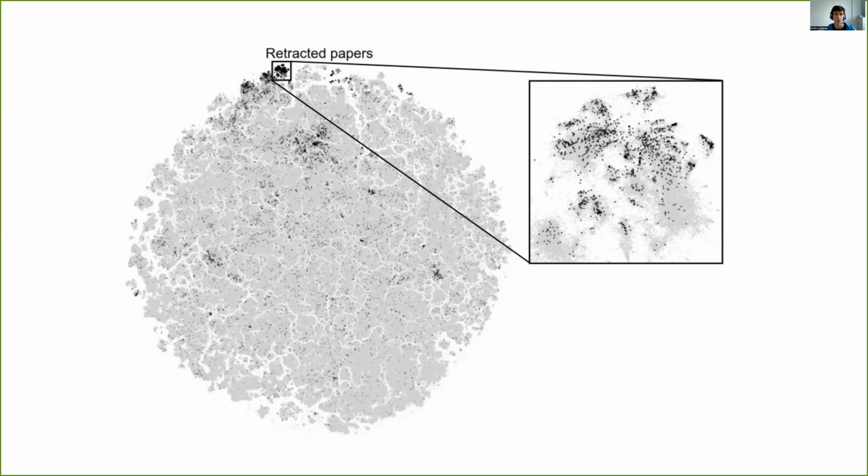And you may think, oh, maybe this is some kind of research in one of these fields, like psychology, that had problems with replication studies. It's something completely different. It turns out that most of these papers were retracted because people realized they came from paper mills, organizations that would just write fake papers for you if you pay them.